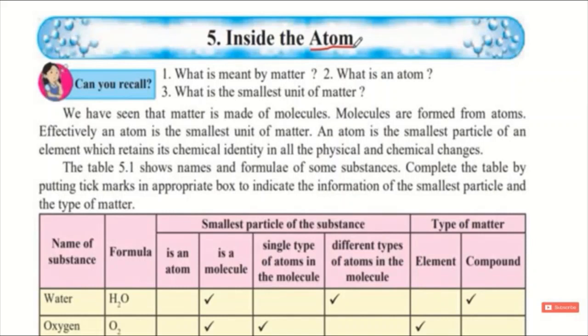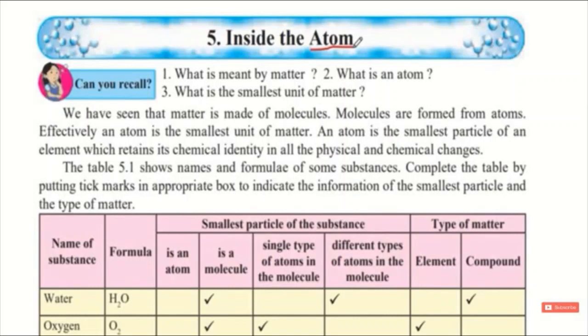As told earlier, the smallest unit of matter is an atom. We have seen that matter is made of molecules and molecules are formed from atoms. In short, an atom is the smallest unit of matter.